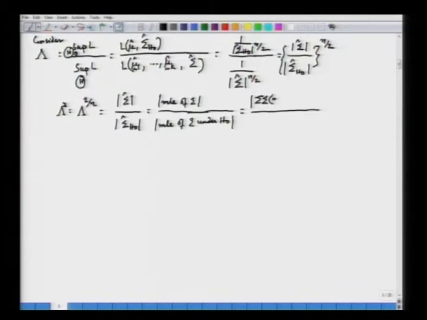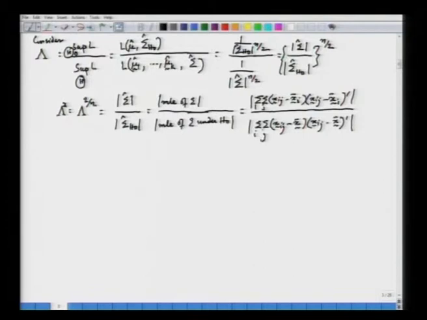The first one is the sum over i and j of (x_ij minus x_i bar)(x_ij minus x_i bar) transpose, and in the denominator we have the matrix of (x_ij minus x bar)(x_ij minus x bar) transpose.